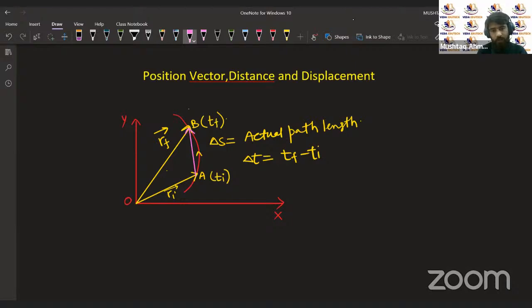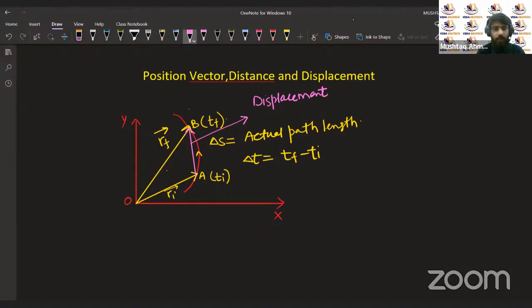So this vector here with the pink line represents a displacement. So displacement is the final position vector minus the initial position vector.